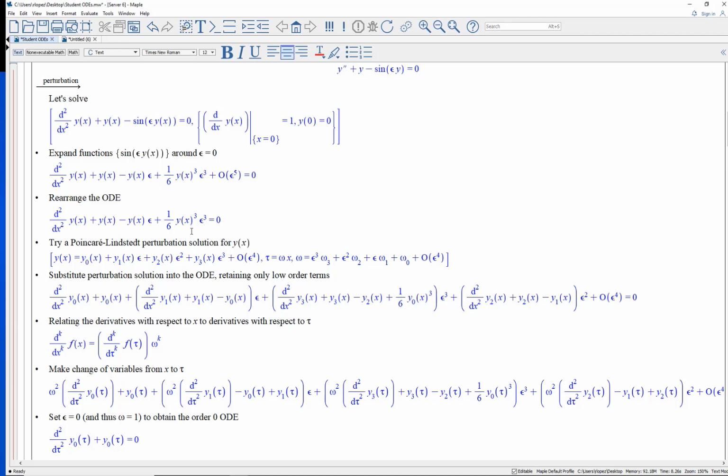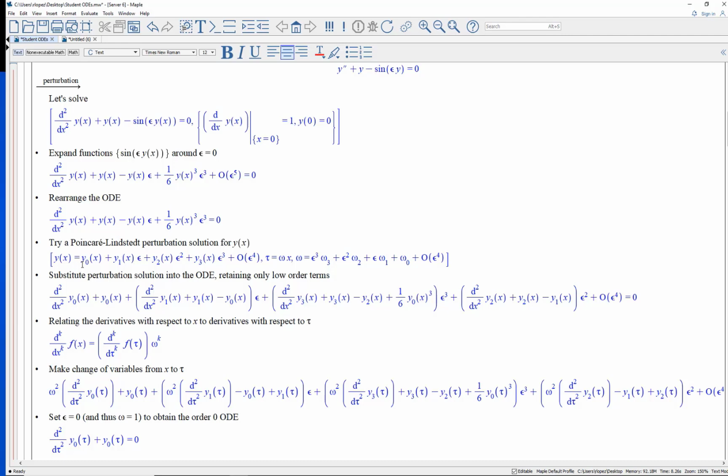And the equation is rearranged, and it says we're going to try a Poincare Lindstedt perturbation solution. Actually, it's a Lindstedt perturbation. A Poincare solution ends up having secular terms, and the Poincare method does not deal with the secular terms. It's Lindstedt's technique that gets rid of the secular terms. For some reason or other, Maple has used this phrase.